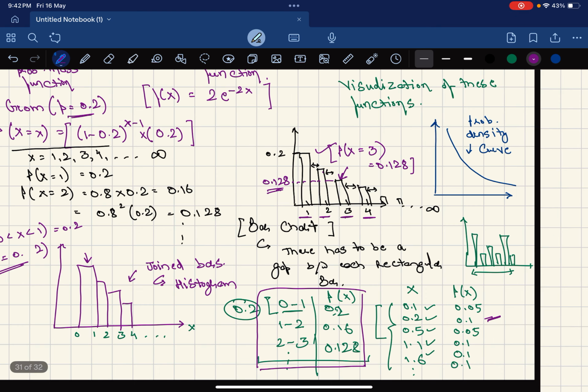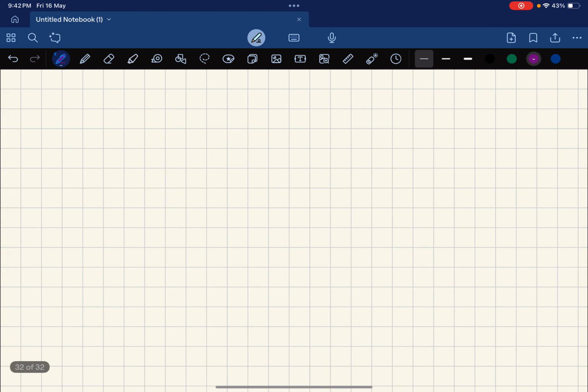Now for the probability density curve, let's look at it in a little more detail. Let us say this is a probability density curve. Now let us say this is 1, 2, 3, 4 and 5.